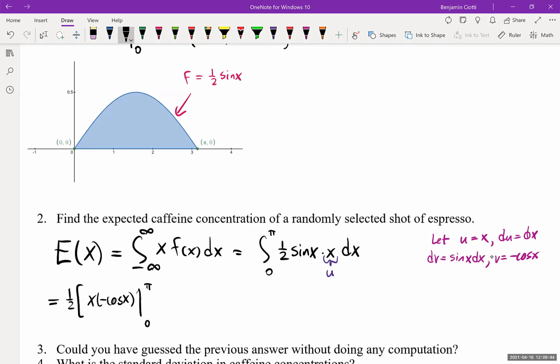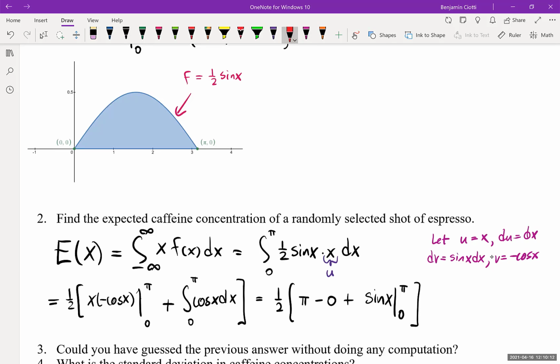And then minus v du actually turns into a plus integral of cos x dx. So I get 1/2 pi minus 0 plus the integral of sine x from 0 to pi, but that's just 0. So I get pi over 2 as my expectation value.